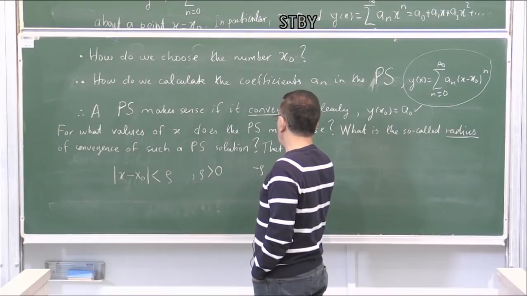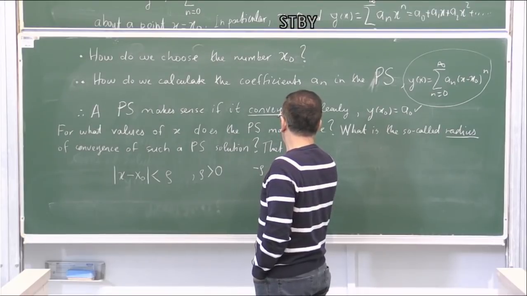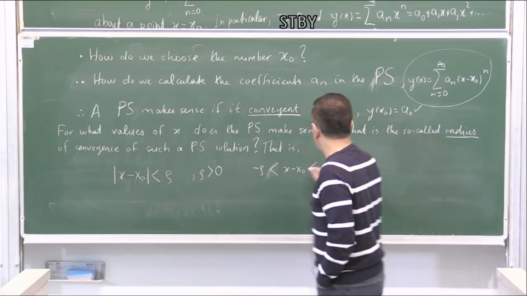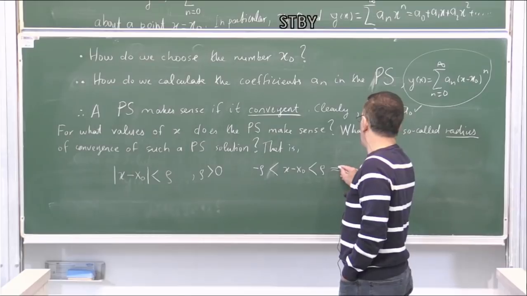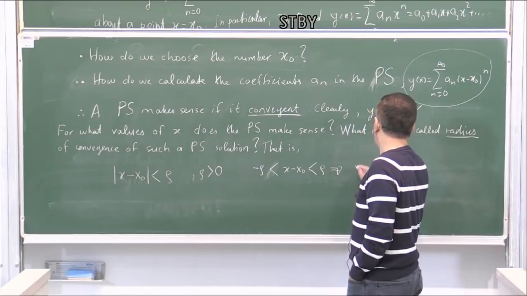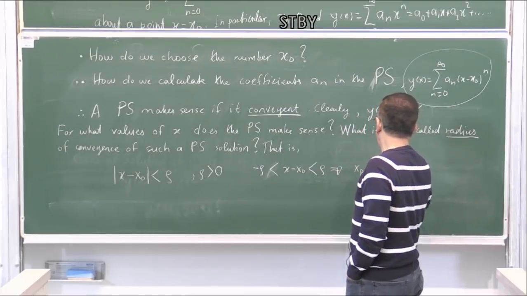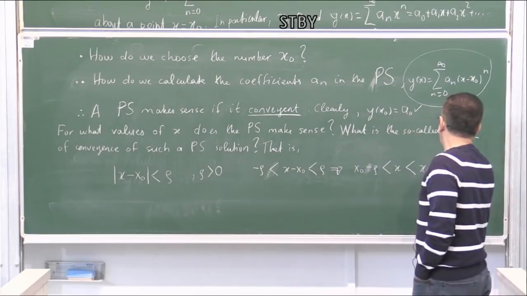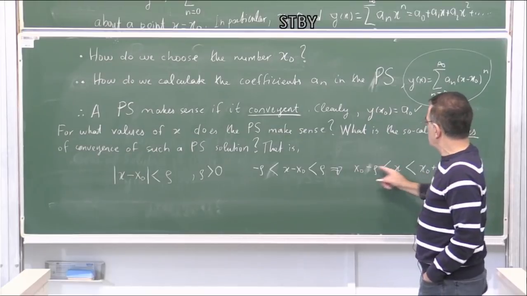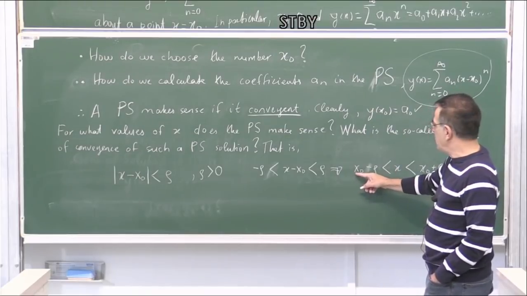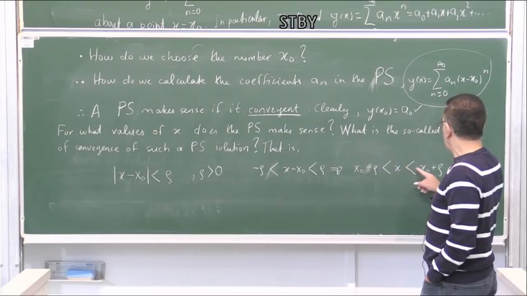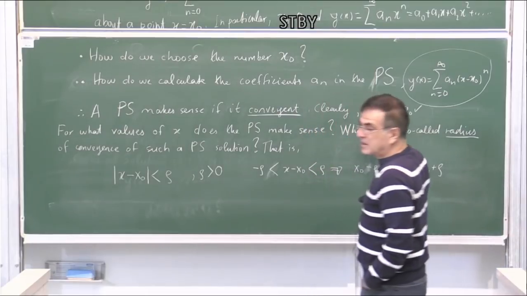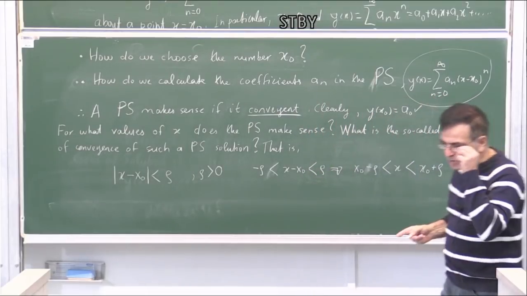Minus rho, x minus x0 is between minus rho and rho, and therefore x0 minus rho, x0 plus rho. So for x values between x0 minus rho and x0 plus rho, a power series makes sense.